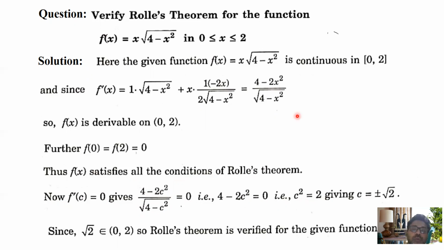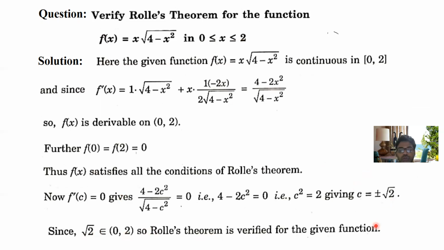So what is the interval? Your interval is 0 to 2. So minus root 2 does not belong to this range. Since root 2 belongs to this, Rolle's theorem is verified for the function.